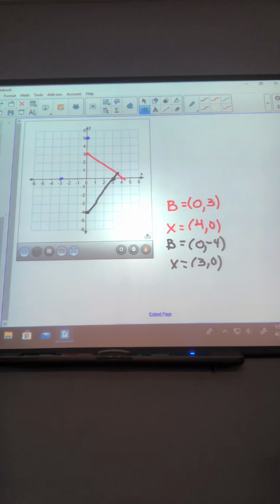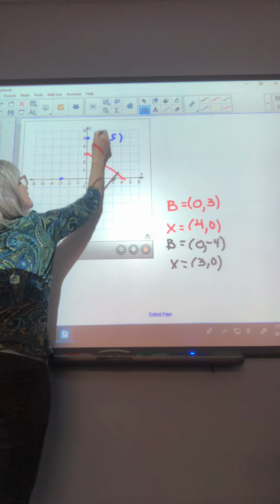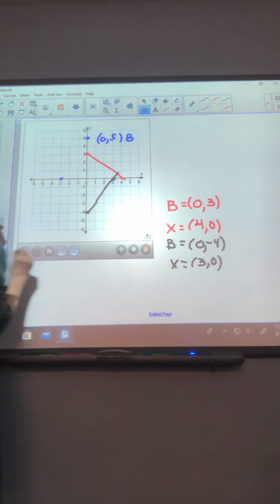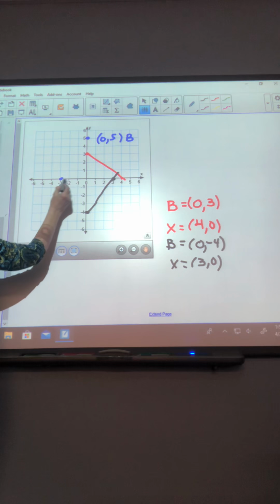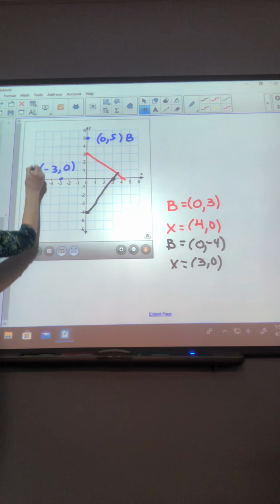Okay, so for number 4, the y-intercept was 0, positive 5. And again, that's represented by a b. And the x-intercept is negative 3, 0.